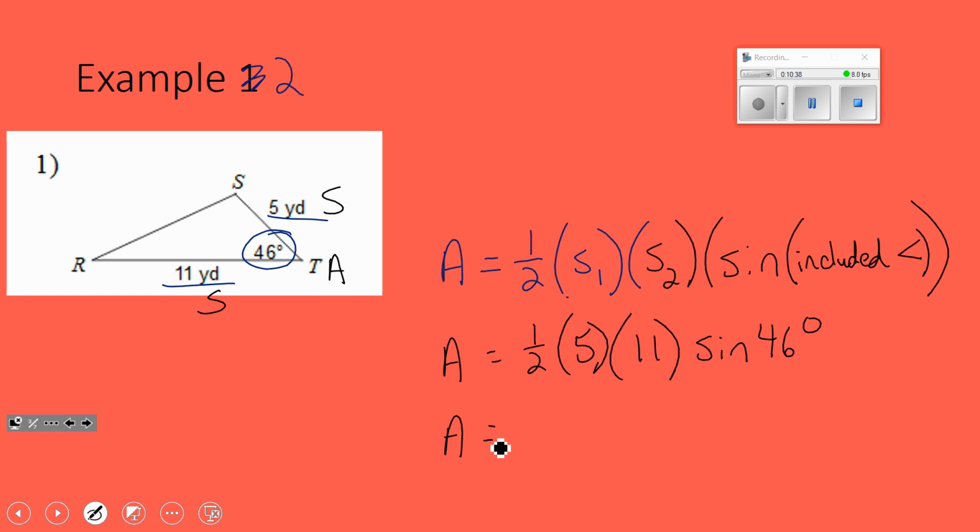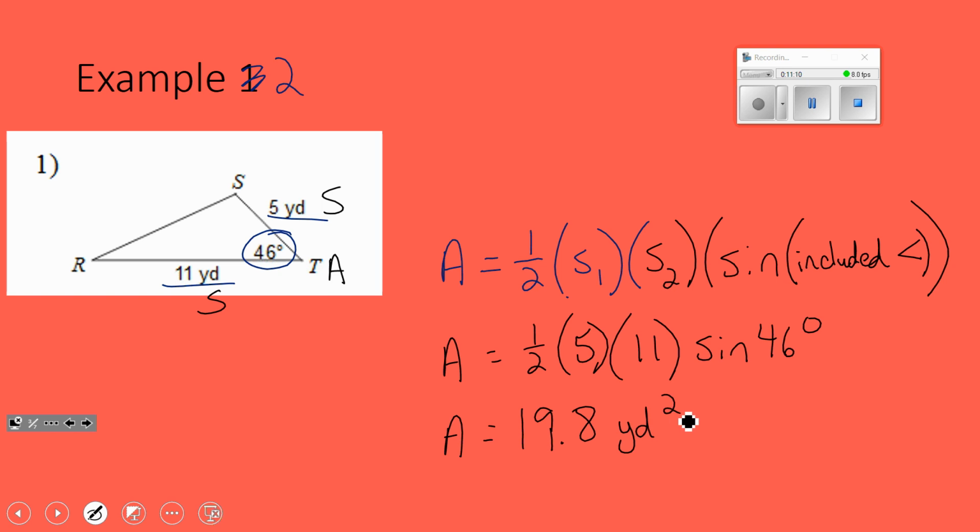So when I plug in 1/2 times 5 times 11 times the sine of 46 degrees, what do you get for the area? 19.8. And that's going to be yards squared.